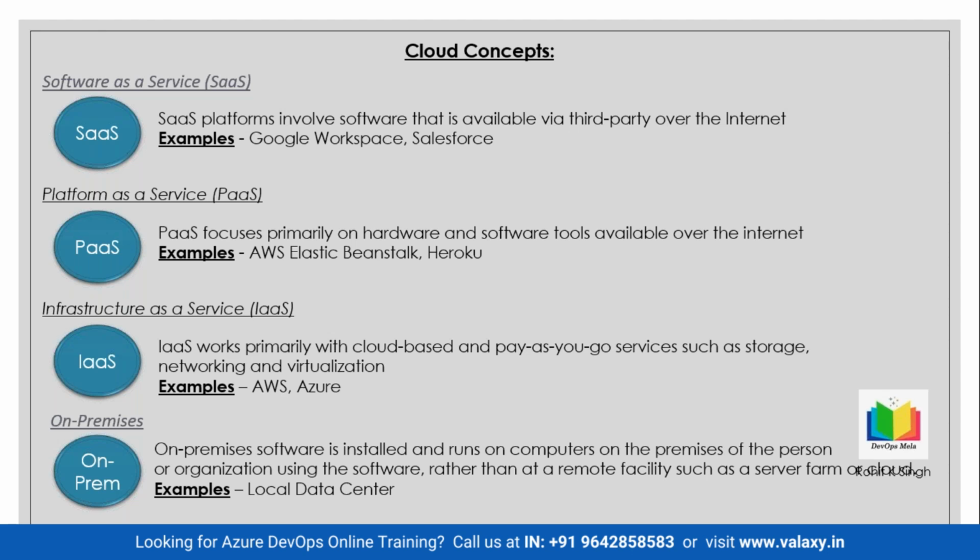In Google, if you want, Google App Engine, Azure App Services, AWS Elastic Beanstalk, all these are PaaS examples, guys. So PaaS focuses primarily on hardware and software tools available over the internet. You simply access those services and start deploying and designing your application on top of it.